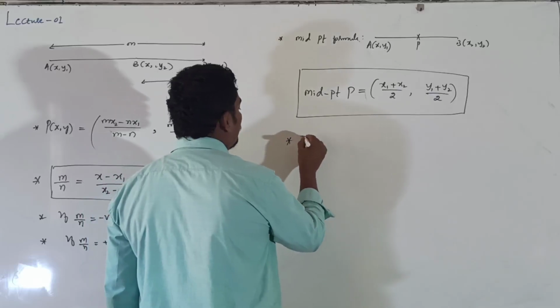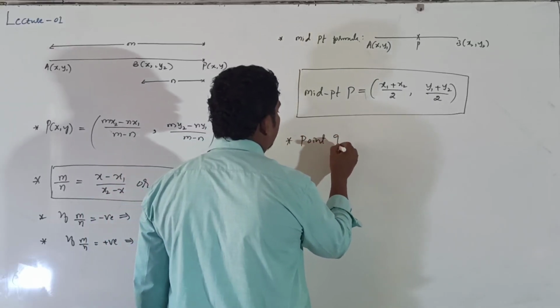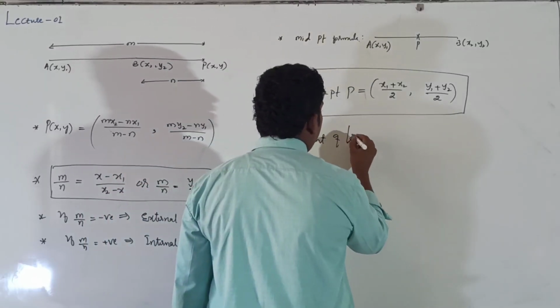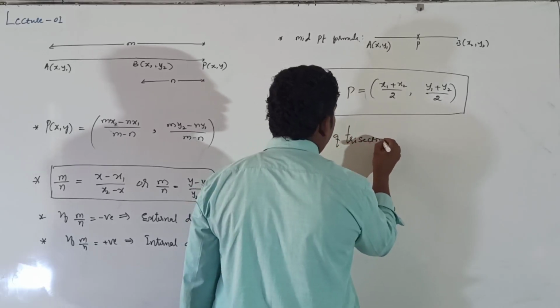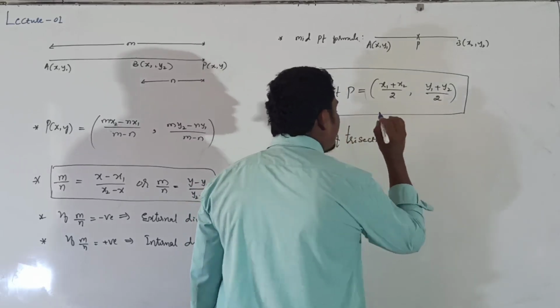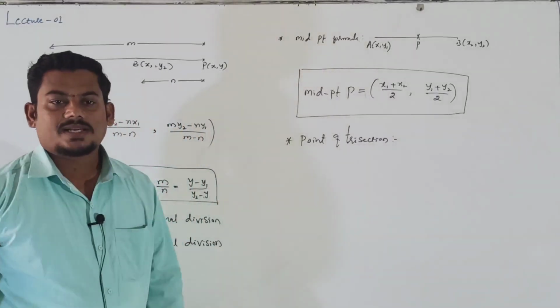What is the definition, what is the meaning of point of trisection? I will explain.